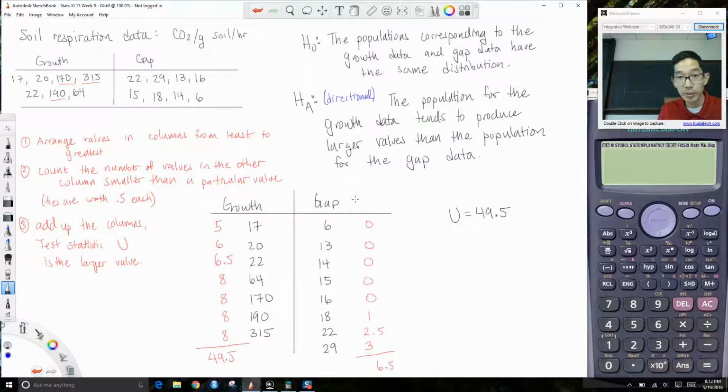Maybe I'll write that: directionality is met because 49.5 growth is larger than the 6.5 gap value.